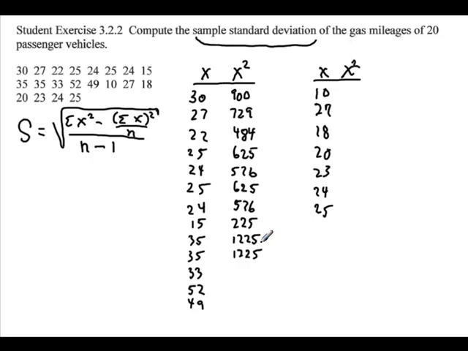33 squared is 1089. 52 squared, it's going to be much bigger, 2704.